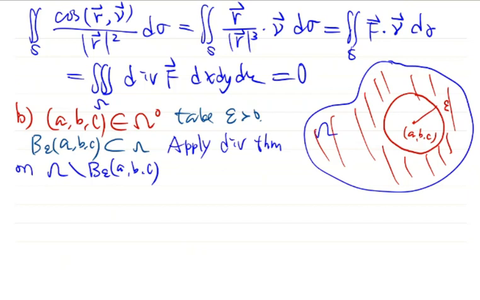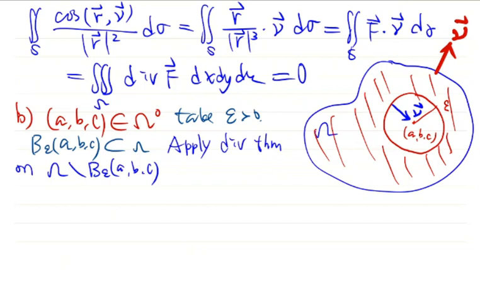So applying the Gauss Divergence Theorem, you need to work with the unit normal vector, and the unit normal vector on the sphere of radius epsilon is pointed inward, pointed to the point ABC.